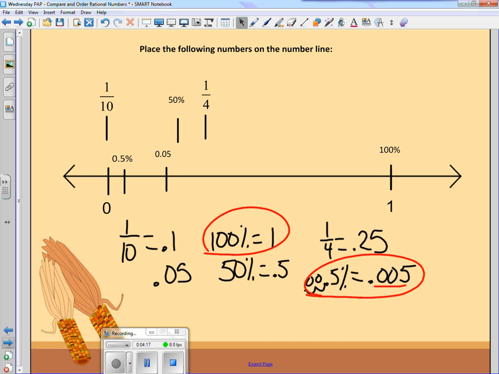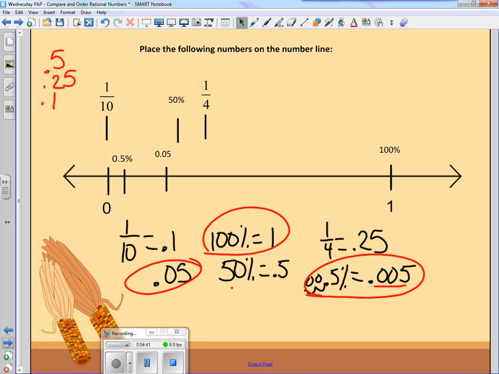And then, so we've got this one done. So I have 0.5 or 5/10ths. I have a fourth, 25/100ths. I have 0.1 or 1/10. Out of those, which one is the smallest? A 10th.